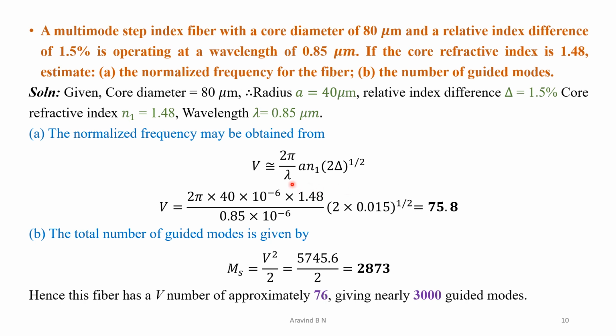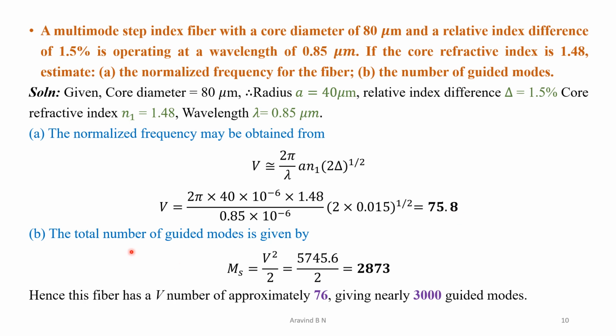Lambda is the wavelength, a is the radius, n1 is the refractive index, and delta is the relative index difference, all available. So let us substitute: 2 pi, then a equal to 40 micrometer, then n1 is 1.48, lambda is 0.85 into 10 to the power of minus 6, then 2 into delta is 0.015. Now resolving this, we will get the value of 75.8.